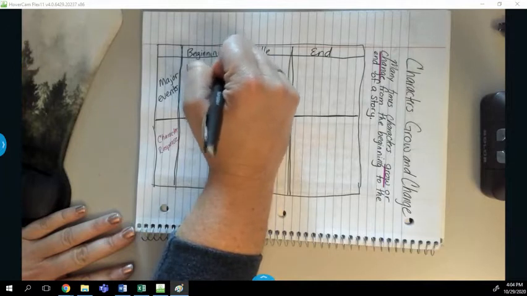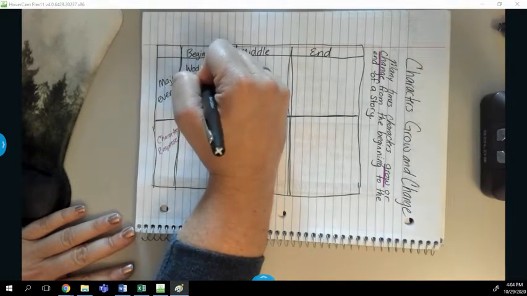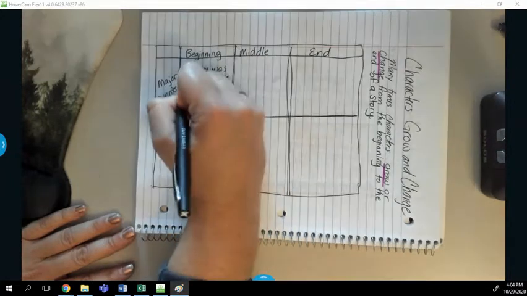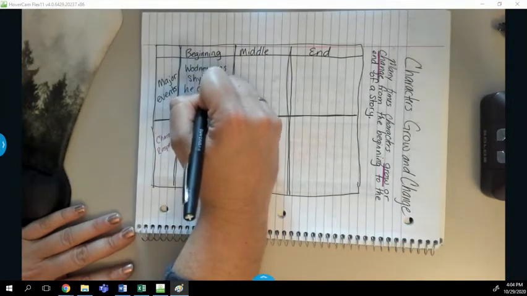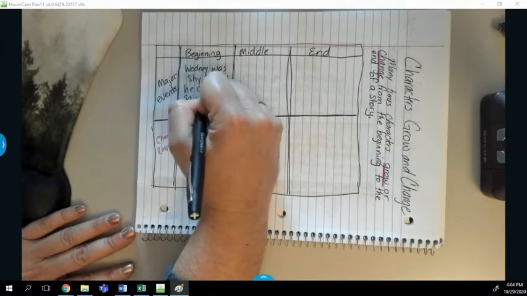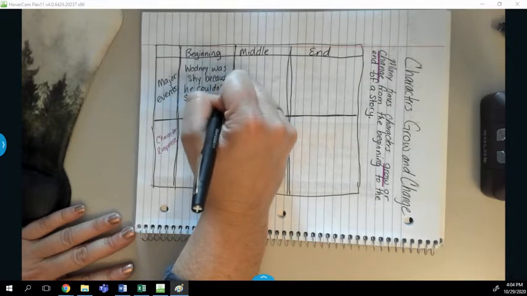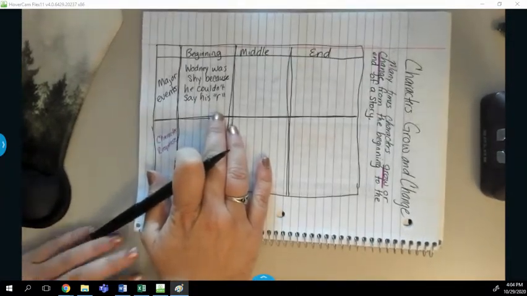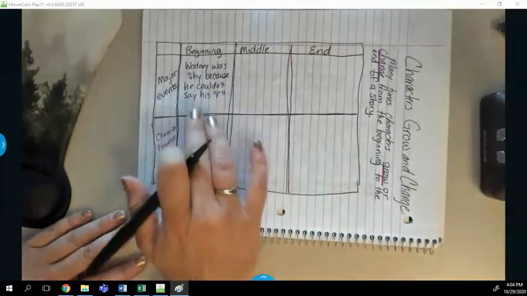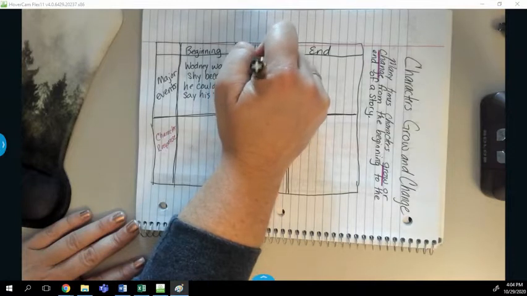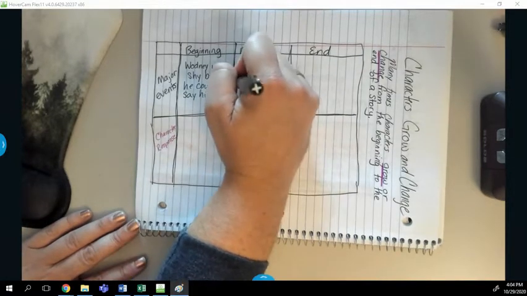He was really shy because he couldn't say his R's. Okay, so he was really shy because he couldn't say his R's. And then in the middle of the book, one of the big events that happened was that Wadney was picked to lead Simon Says.